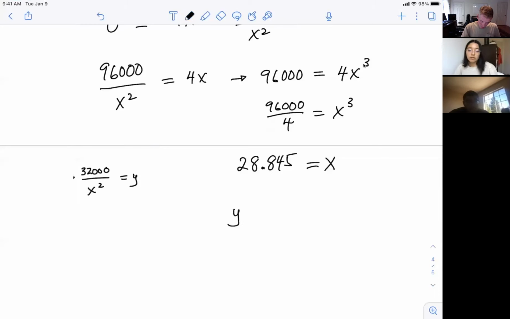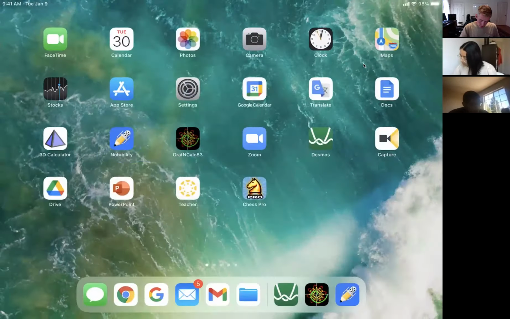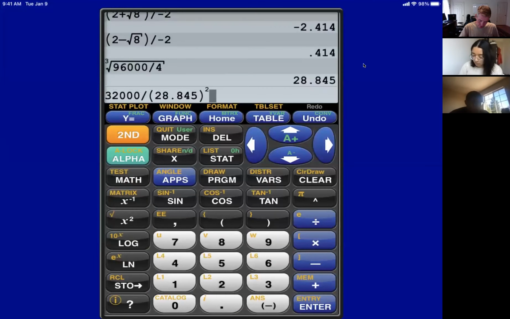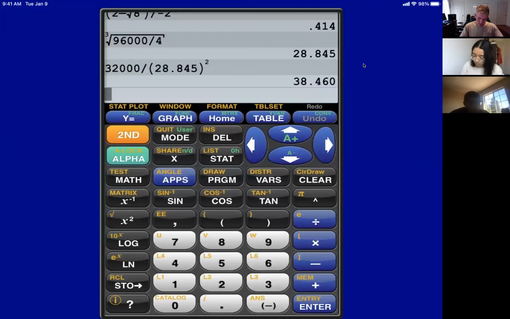So y equals 32,000 divided by x, so that's 32,000 divided by the 28.845 gets squared. It's 38.46.